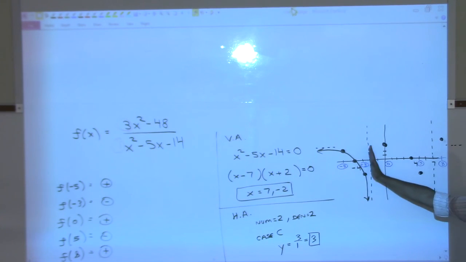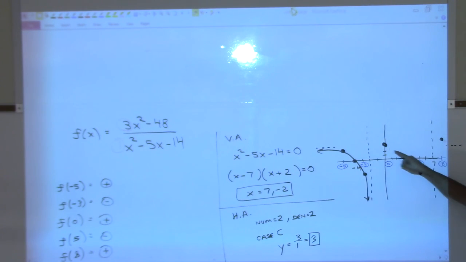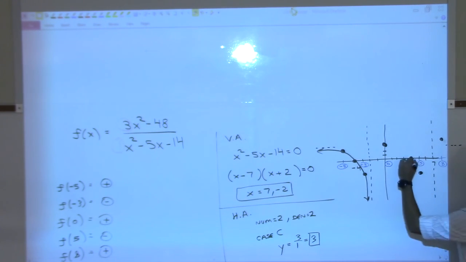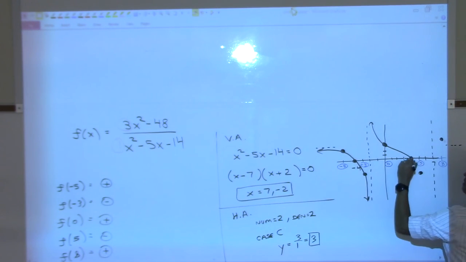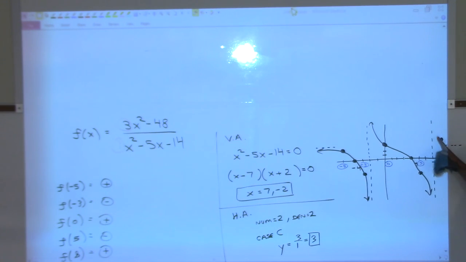Now between here and here, I'm going to just connect these dots together. Remember, the vertical is going to send me up here, and then this one over here is going to send me down. Just like that. And then on this side, to the left, I have to go up, and then to the right, I have to flatten out. Like that.